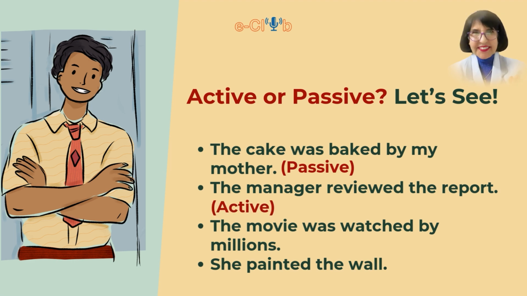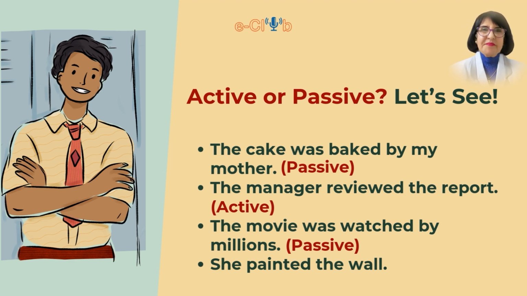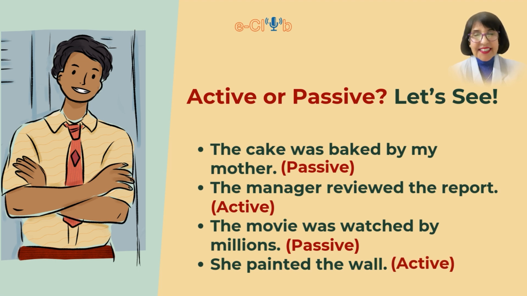Active voice. Good. The movie was watched by millions. Passive voice. She painted the wall. Active voice. If you remember the structure, it's very easy to understand.